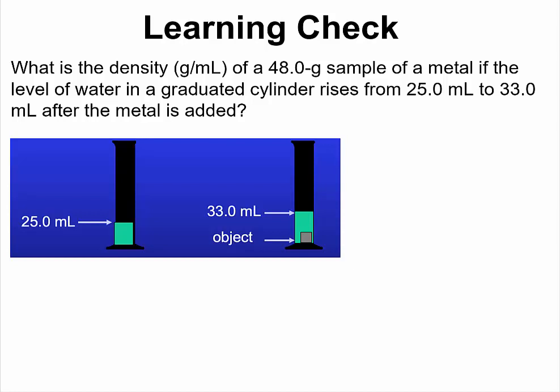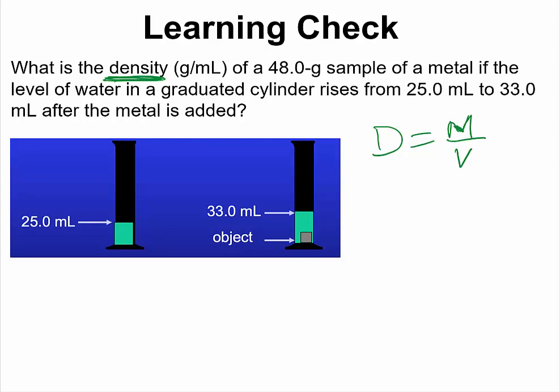In this question, we want to determine the density, and immediately you see that the very first thing you should be thinking about is, how do I determine density? Density is mass of a substance divided by its volume.